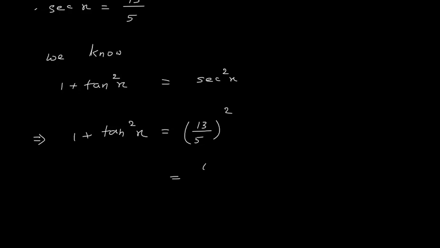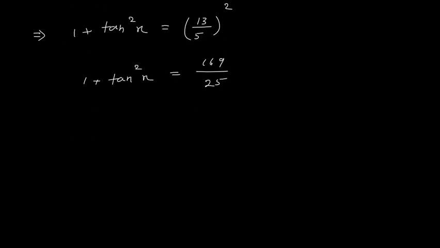So this is 169 divided by 25. So tan square x is 169 upon 25 minus 1. It will be 144 upon 25. This is tan square x.